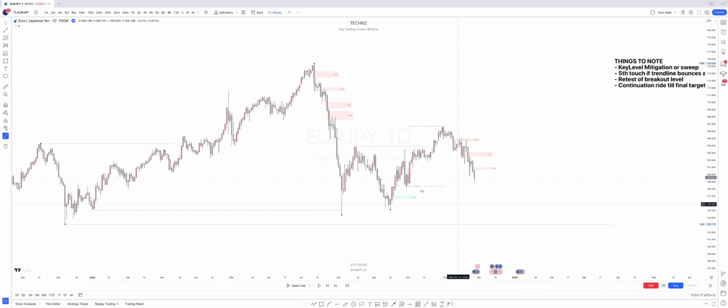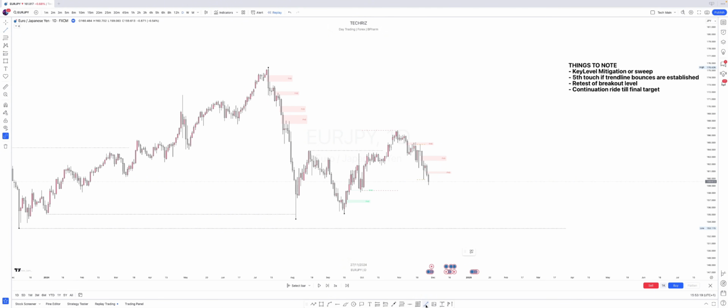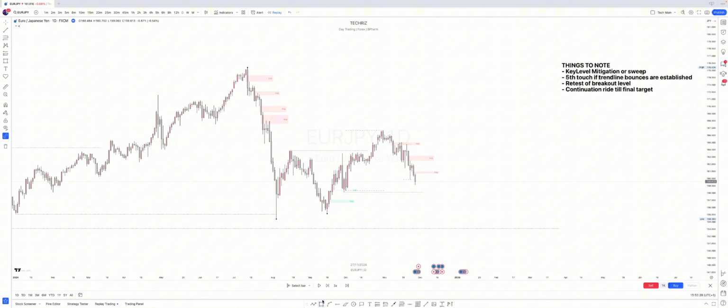You can see another break, and we have this to be our incomplete pullback or inducement. As you know, it's also a form of liquidity, and this is our POI. The POI that the inducement is following is this one, right? That was our POI. So I'm going to be looking at the interaction around this area.